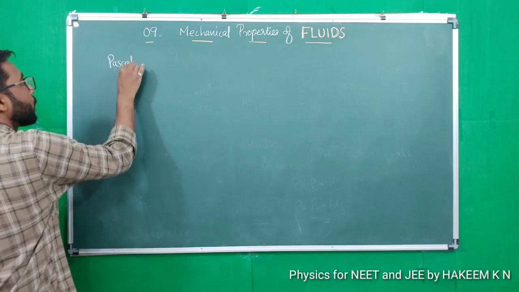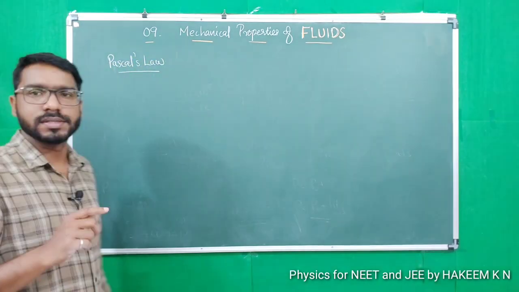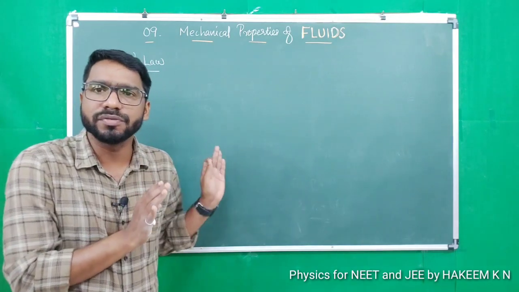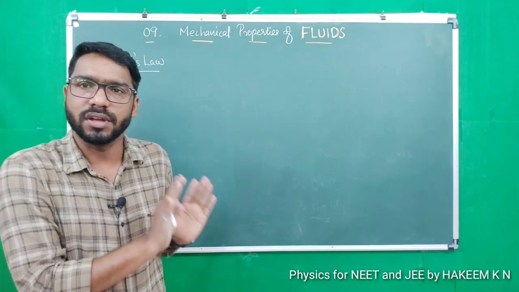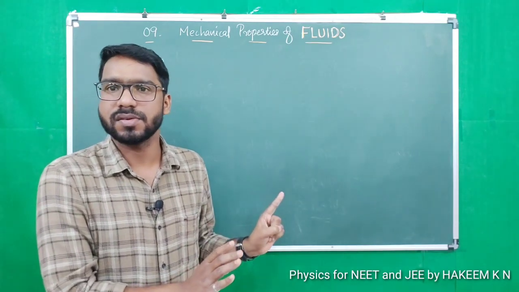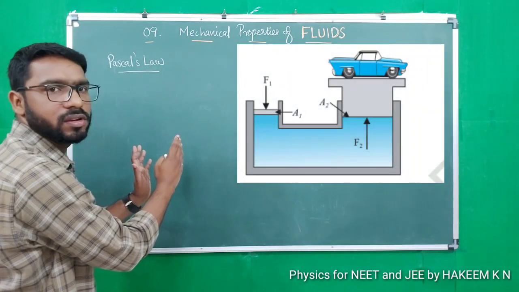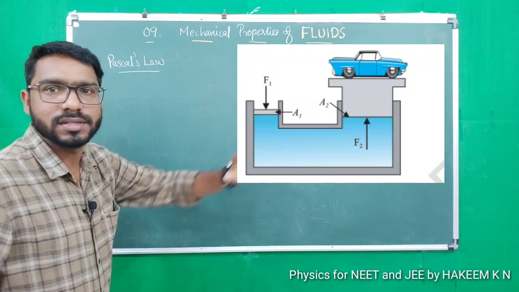Pascal's law. The pressure applied at any point of a liquid is equally transmitted to all points of the liquid. That is what was discussed by Pascal. So we can say the pressure at one side should be equal to the pressure at the other side.